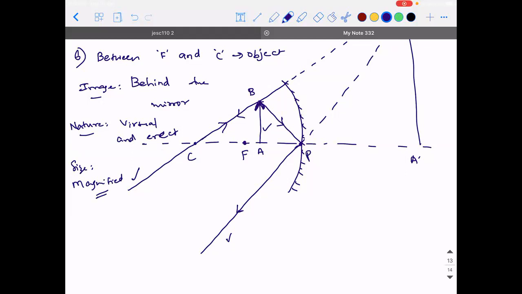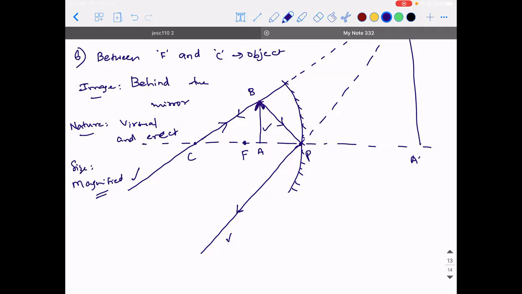Okay. Real images, I repeat, real images with respect to a mirror are always inverted. So by default, if you say the image formed is real, it is an inverted image. No change in that. Whereas a virtual image is always erect.